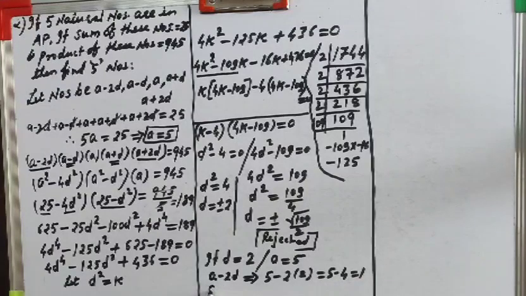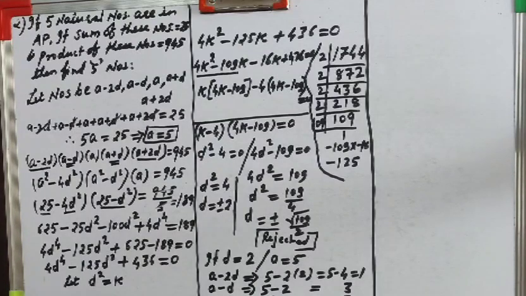Similarly, the second number is a minus d, which is 5 minus 2, that is 3. And a, which is equal to 5. So we got 1, 3, 5.